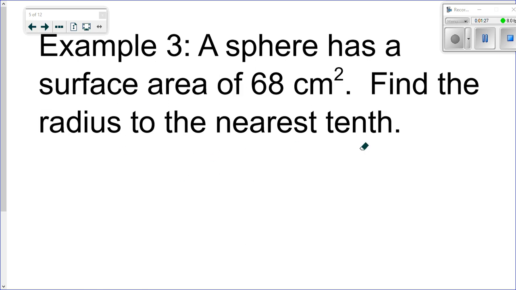Oh, now we're getting tricksy. 4 pi r squared, 68 equals 4 pi r squared. Hopefully your algebra is up to snuff.